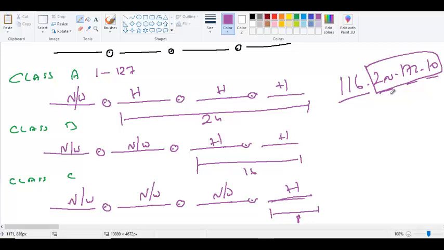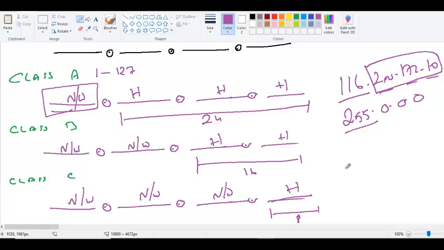That is why we write the subnet mask like this, 255.0.0.0, which means the 8 bits that you have here is what is indirectly said by 255. 255 is the face value of all 8 bits.